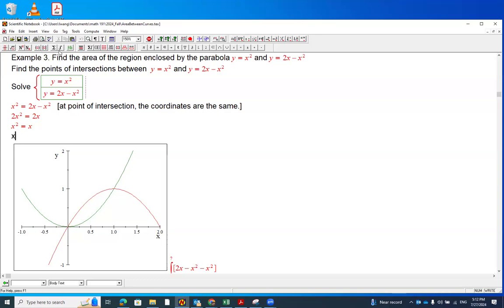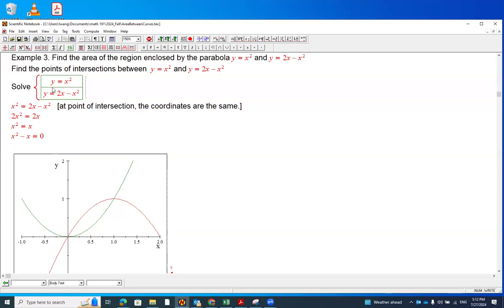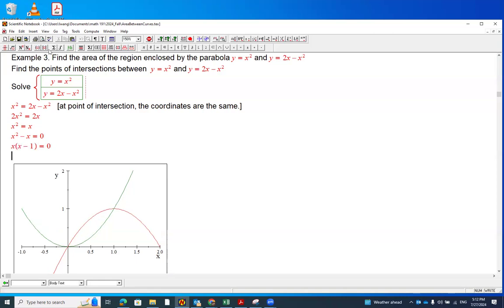We should move terms to one side so we can make 0 on the other side. We get x squared minus x equals 0. And this looks like a pretty simple algebra question, right?